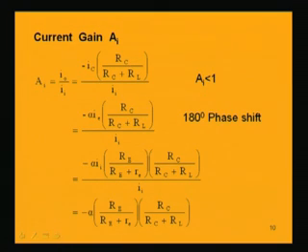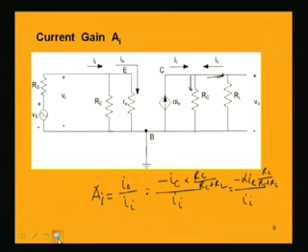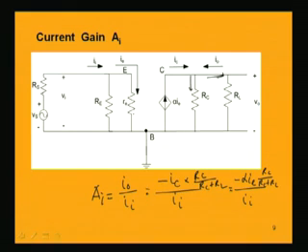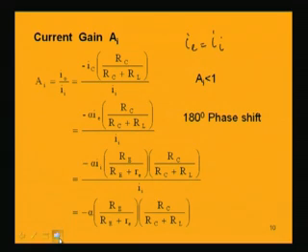Proceeding in this manner, we have a minus sign here, that has to be noted. So, it is minus alpha I e into R c by R c plus R L. Again I can write this I e as that part of the input current which flows through r e, and that is equal to I I into R e by R e plus small r e.